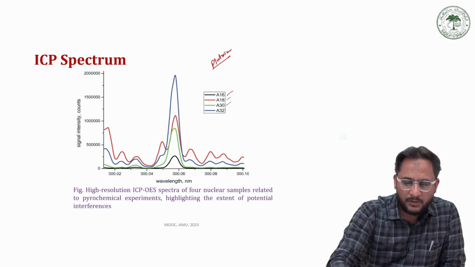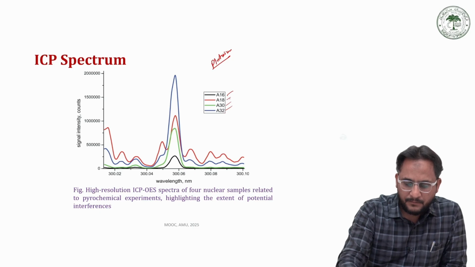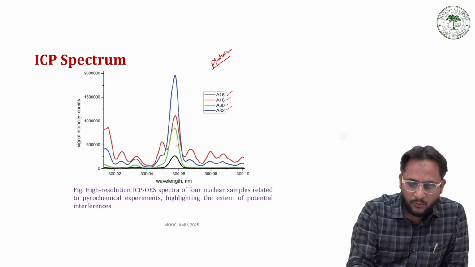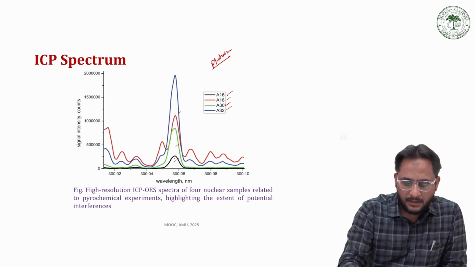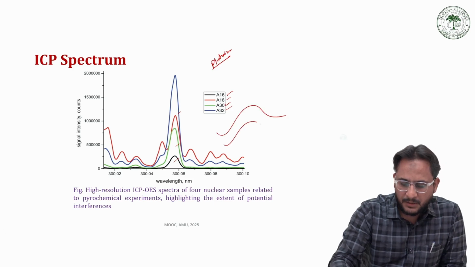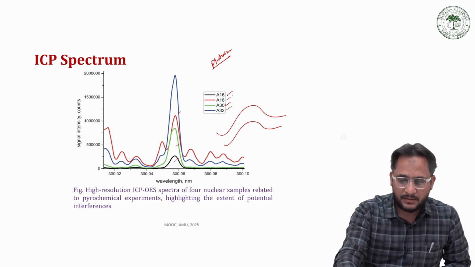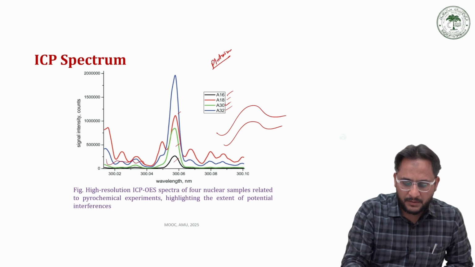These are all plutonium samples, but from here you can see that the green peak and the black peak, A16 and A30, are quite smooth, which shows that the sample is not disintegrated. In the case of A18 and A32, you can see various peaks and various shoulder peaks.